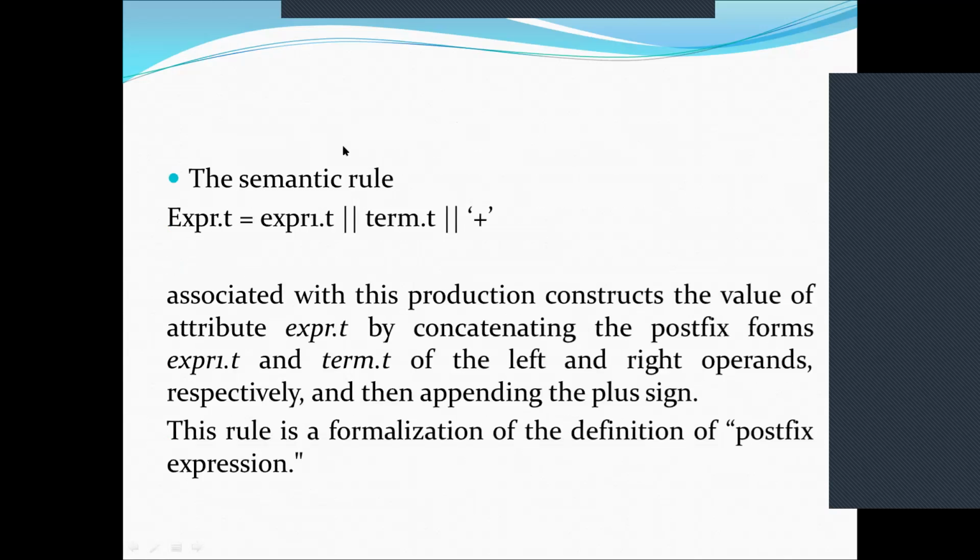This is what the semantic rule is. Expression dot T will be expression 1 dot T concatenated by term dot T, concatenated by the operator plus. So this will be equal to 9, 5 plus. So your value will be 9, 5 plus. This is how your postfix notation is generated.